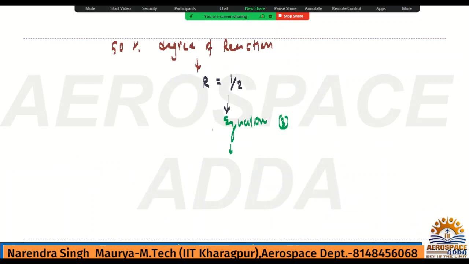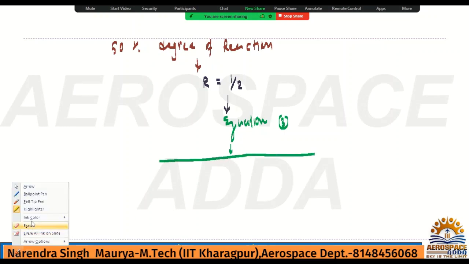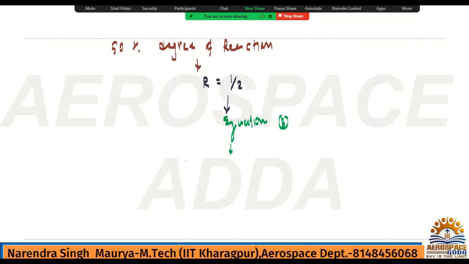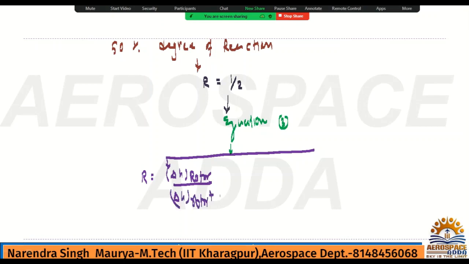So here you will get two things. This is nothing but R is equal to whatever the drop because of rotor, plus because of stator or nozzle.